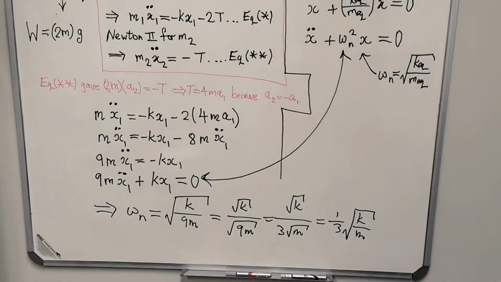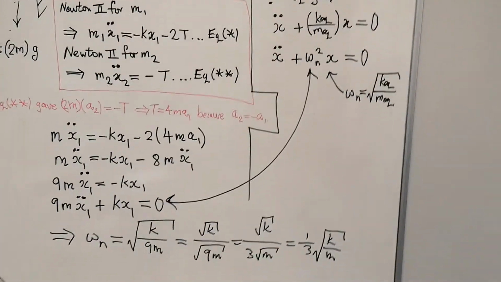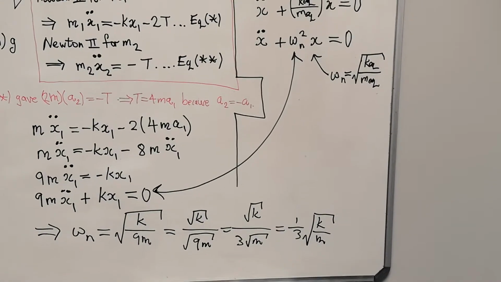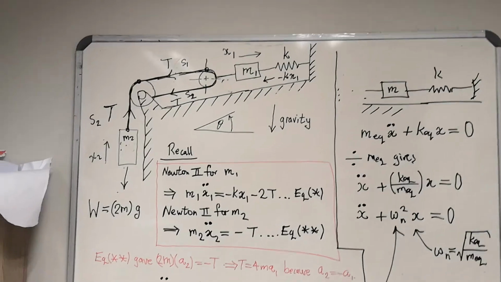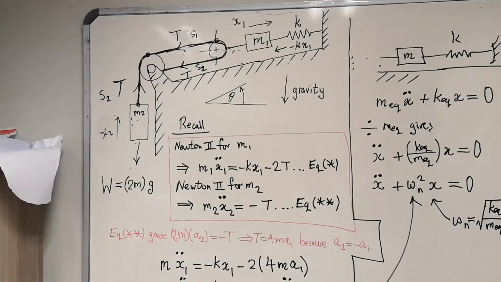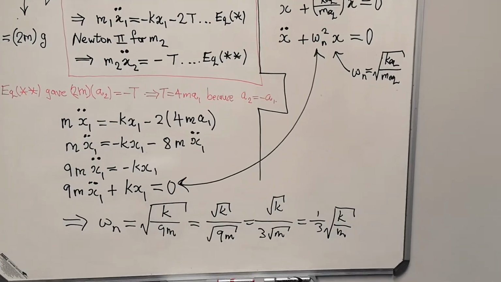And that is the result at the end of the day, which is what it was in the problem. This essentially solves the problem for the mass pulley spring system, and we get our answer.